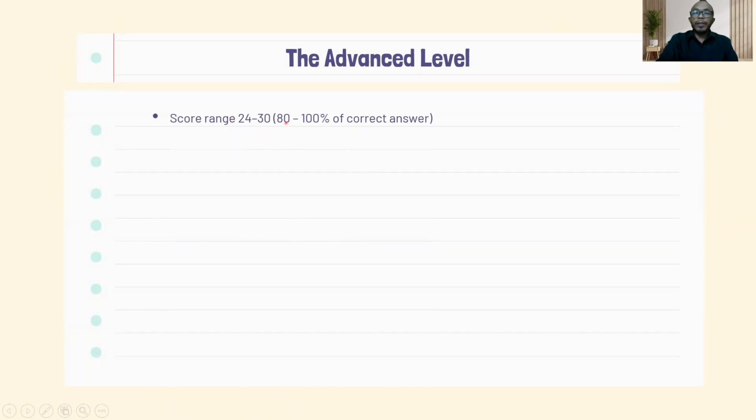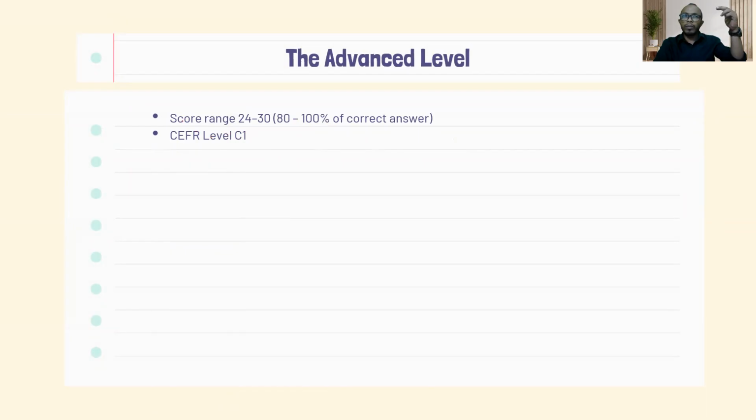Okay. And this means that you could answer 80 to 100% of the questions correctly. So this means that your reading skill level is in the C1 of the CEFR. And C1 is the 5th level.